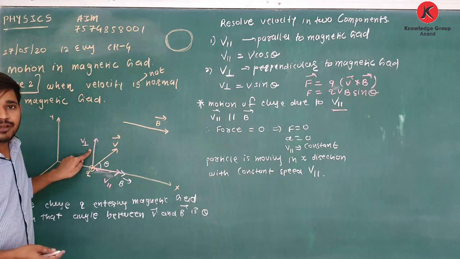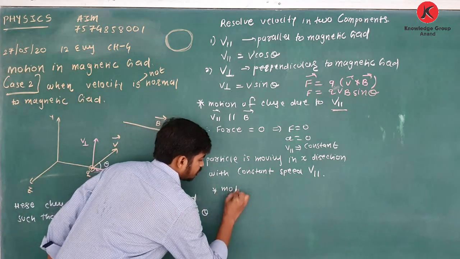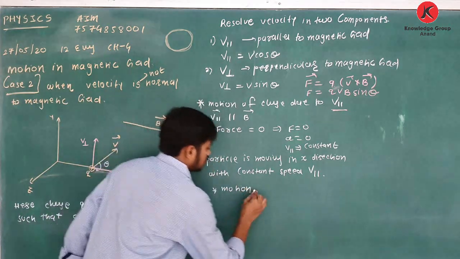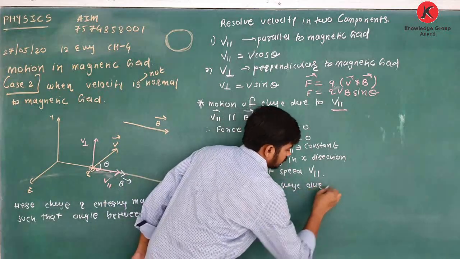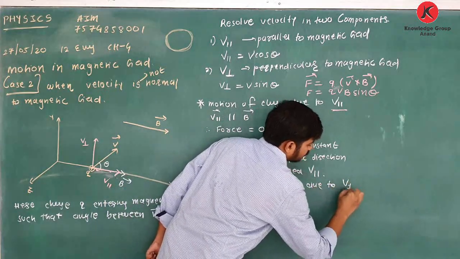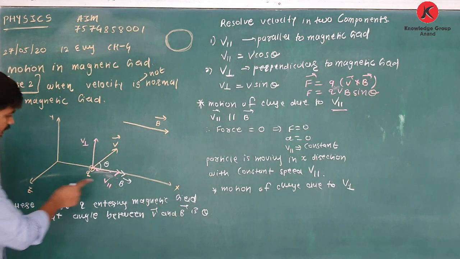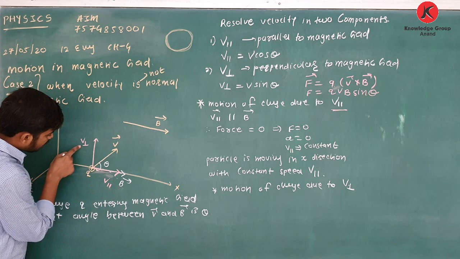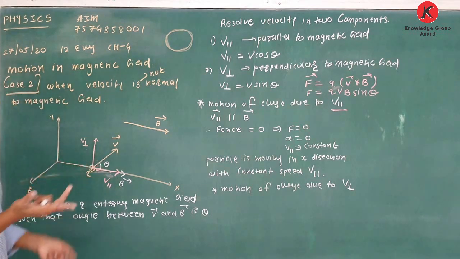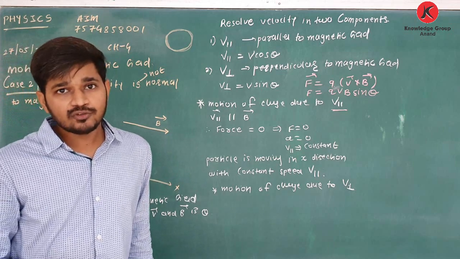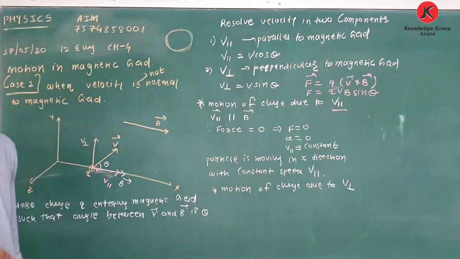Now we will see the effect of the perpendicular component. See, motion of charge due to V perpendicular component. This magnetic field and this component are perpendicular, and we know that when velocity is normal to the magnetic field, it will perform circular motion.